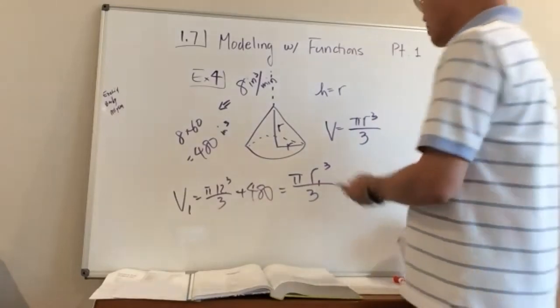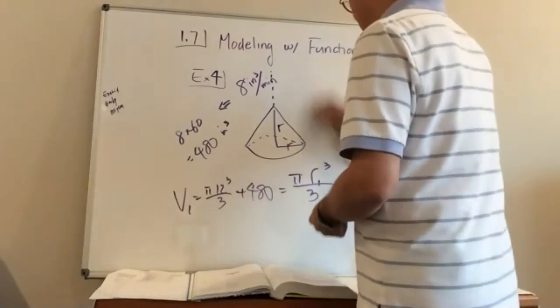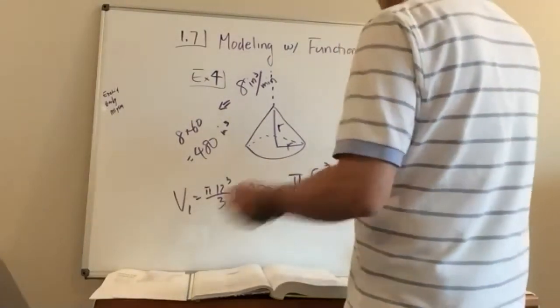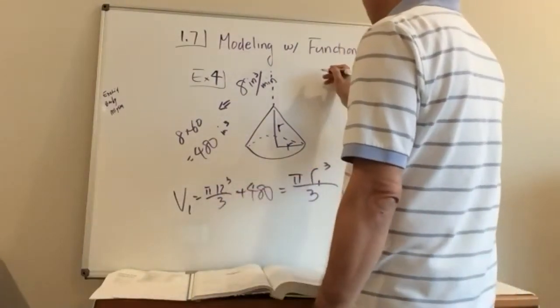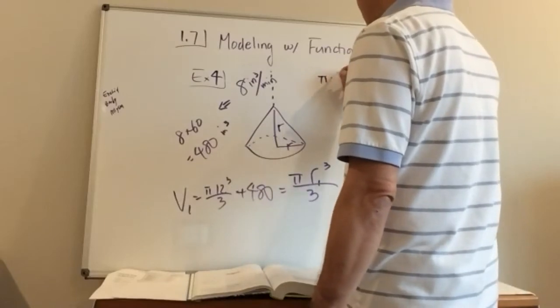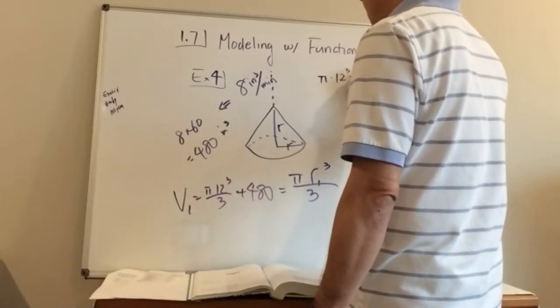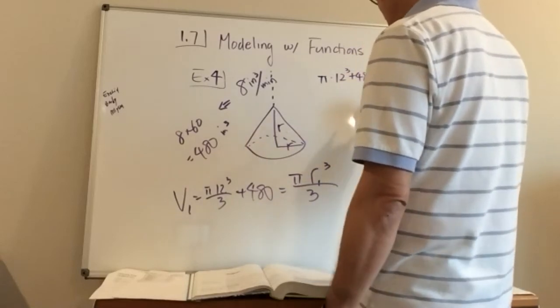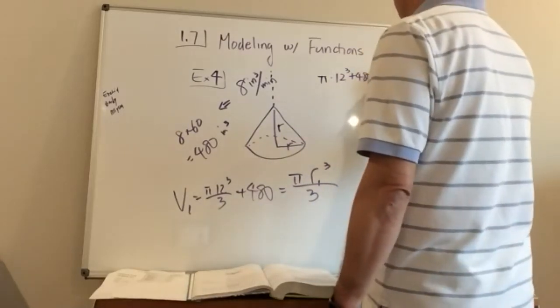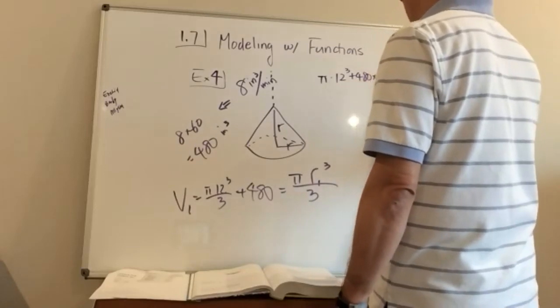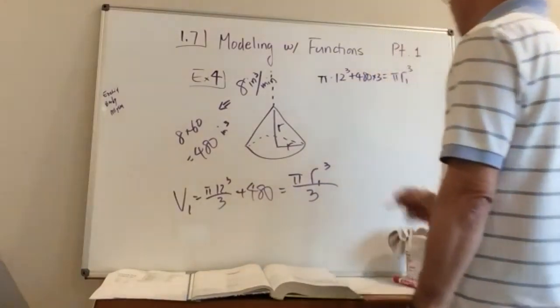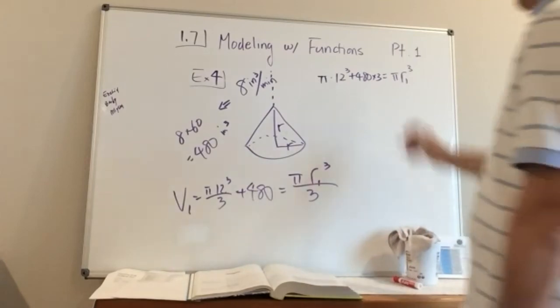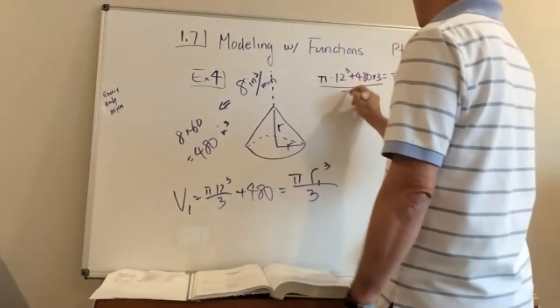Okay, so let's go ahead and solve for R1. I'm going to multiply everything by 3. So I'm going to get pi times 12 cubed plus 480 times 3 is equal to pi R1 cubed. Let's divide everything by pi.